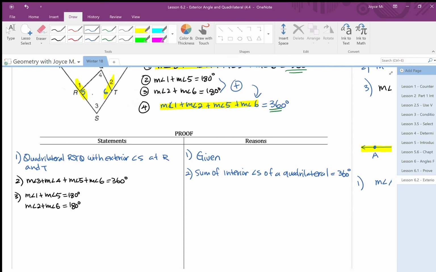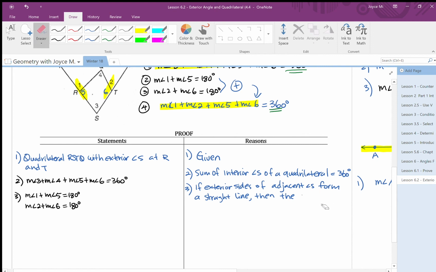So let's write our reasons. It's if exterior sides of adjacent angles form a straight line, then the angles are supplementary.